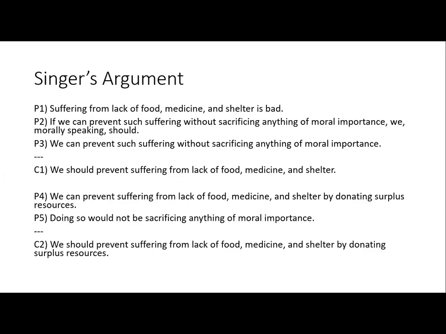Premise 2: if we can prevent that sort of suffering without sacrificing anything of moral importance, we, morally speaking, should prevent that sort of suffering. Premise 3: we can prevent that sort of suffering without sacrificing anything of moral importance. And it's supposed to follow from that that we should prevent suffering from lack of food, medicine, and shelter. Should and can.